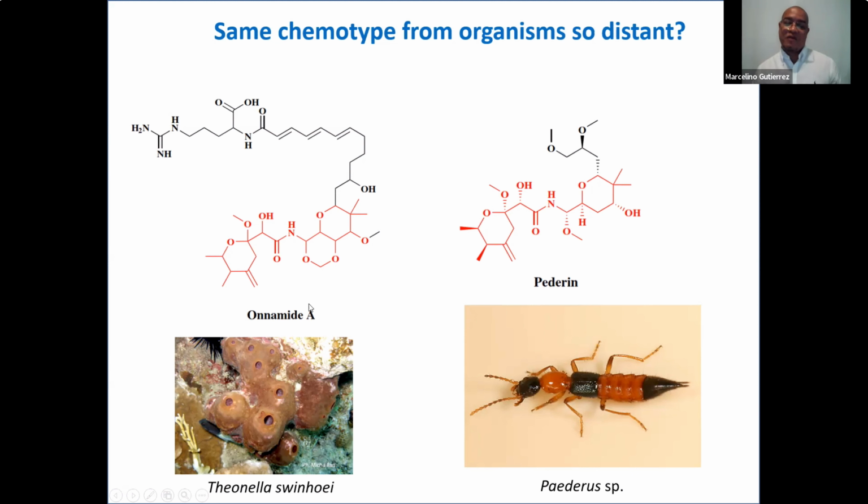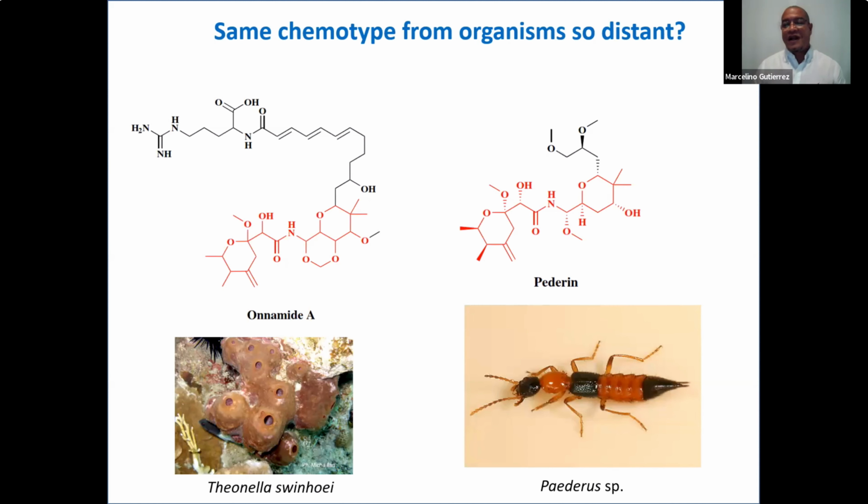In the case of onnamide A, this compound is cytotoxic, and in the case of pederin, this is a defensive compound that produces a huge pain in people or any animal that interacts with this insect. So this brings speculation about the real biosynthetic origin of this compound.